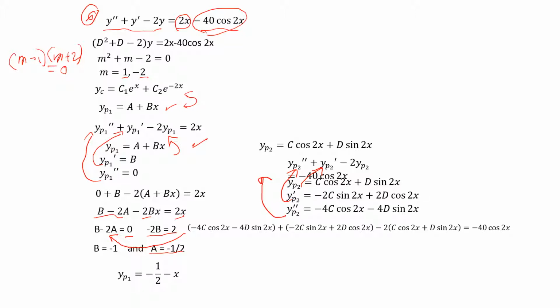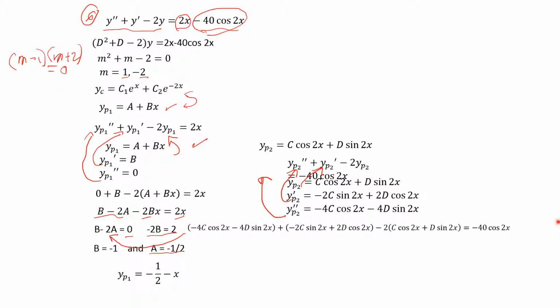Yp2 double prime is negative 4c cosine 2x minus 4d sine 2x. Yp2 prime is negative 2c sine 2x plus 2d cosine 2x, and then minus 2 times yp2, which is c cosine 2x plus d sine 2x, equal to negative 40 cosine 2x.